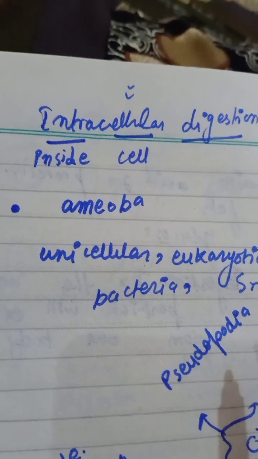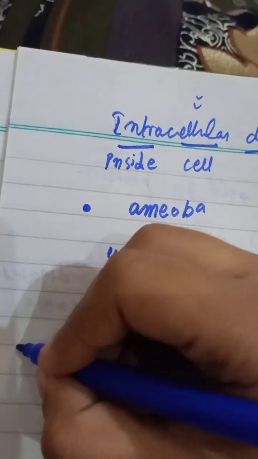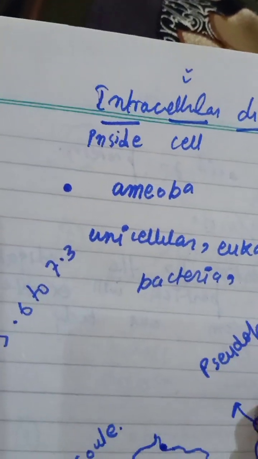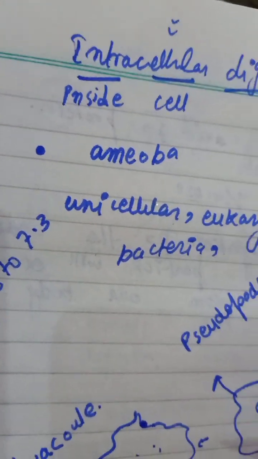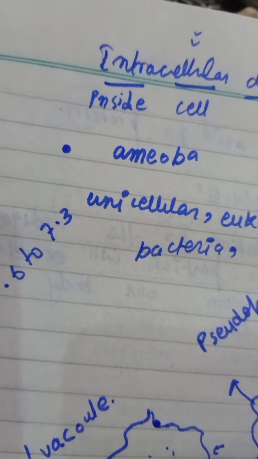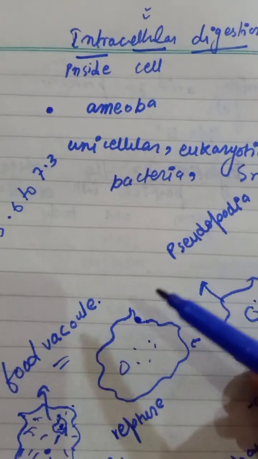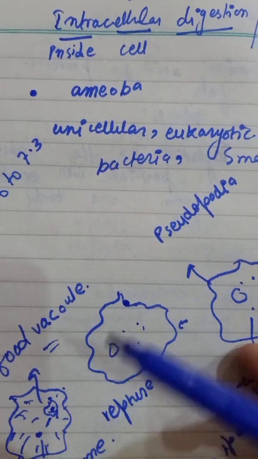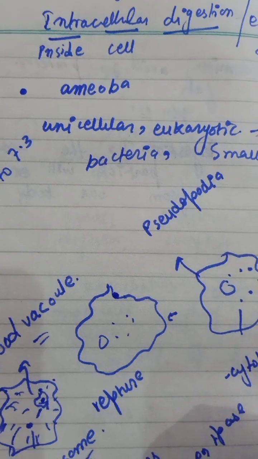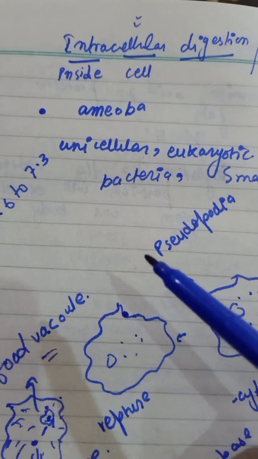Basically the enzymes act at a pH of 5.6 to 7.3, which depends upon the nature of the food. So they intake the food from the pseudopodia and form a food vacuole. Then the lysosome will interact with it and break down the food.